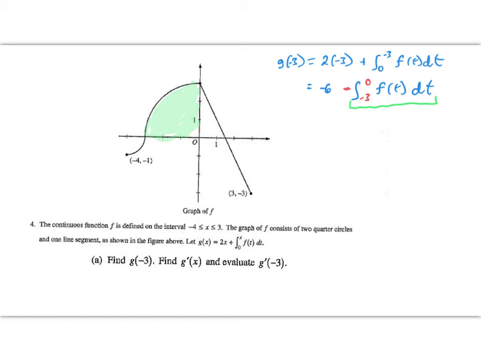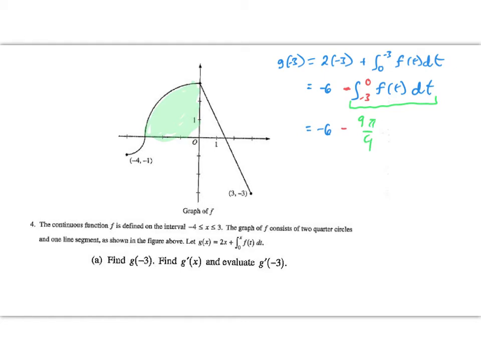I'm going to use my understanding that this is a quarter circle, and when I find the area of that quarter circle, I'm going to notice that it has a radius of 3, so 3 squared is 9, and since it's a fourth of a circle, we're looking at 9 pi over 4.